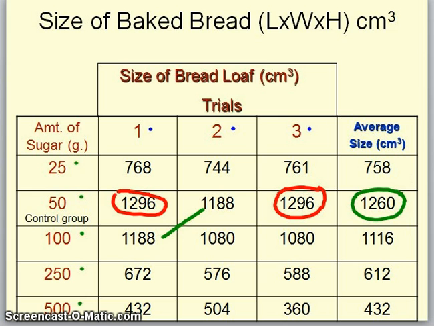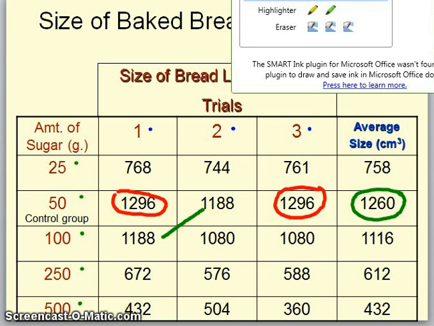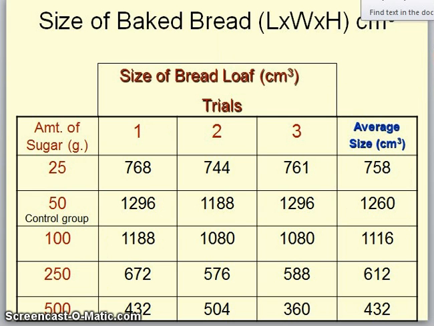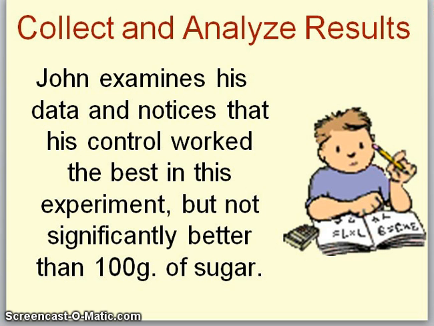So when you look at his results, as he analyzed his data he noticed that his control worked the best. His hypothesis, thinking back, was if the amount of sugar is increased, then the bread should rise higher.